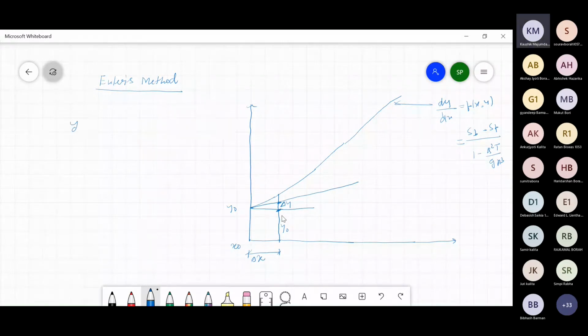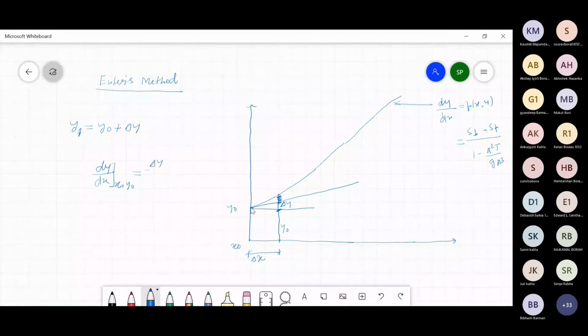He considered that in this method y1 is equal to y naught plus delta y. He ignored this value. Again, dy by dx at x0, y0 we know, because we know the values of x0 and y0, so we can calculate dy by dx at x0, y0. dy by dx is equal to what here?